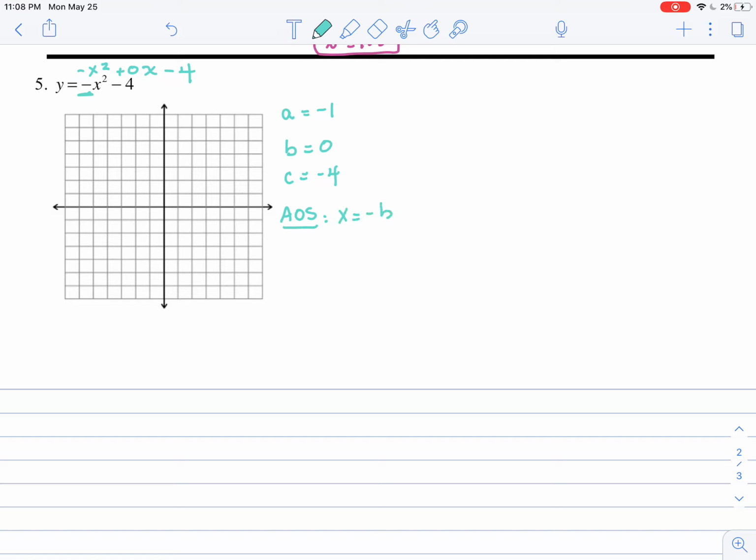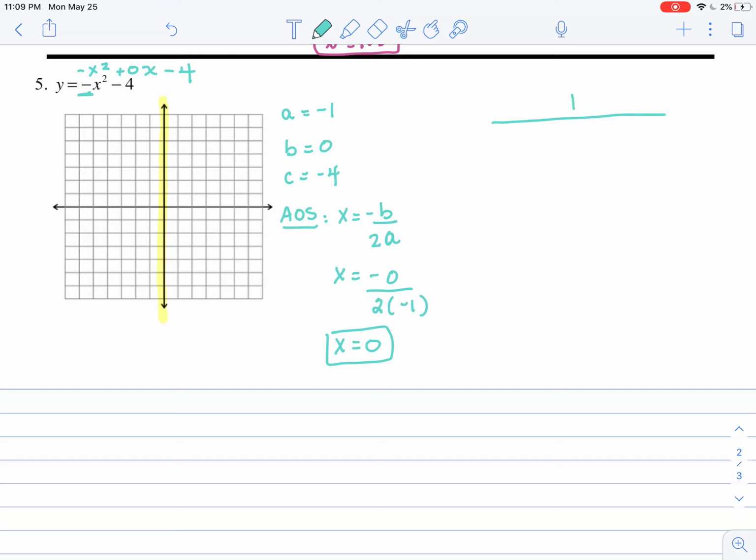Let's find the axis of symmetry. So using our formula, x equals negative b over 2a, we see that x equals negative b, which is 0, over 2 times a, which is negative 1. Well, 0 divided by anything is just 0. So our axis of symmetry this time is at x equals 0.